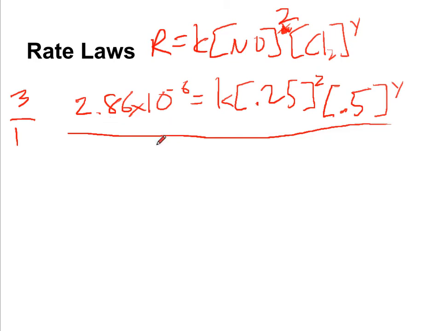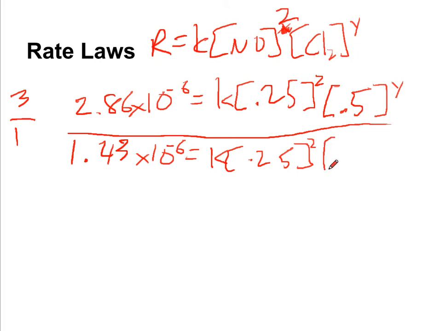And then we'll plug in experiment 1's data on the bottom, 1.43 times 10 to the -6th is equal to K times 0.25 to the second times 0.25 to the y.